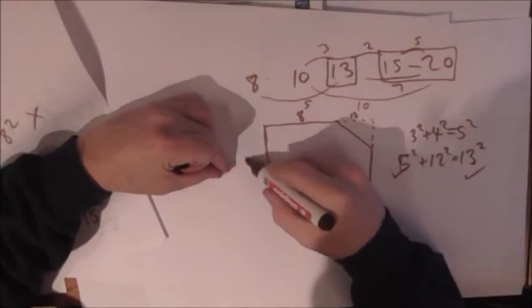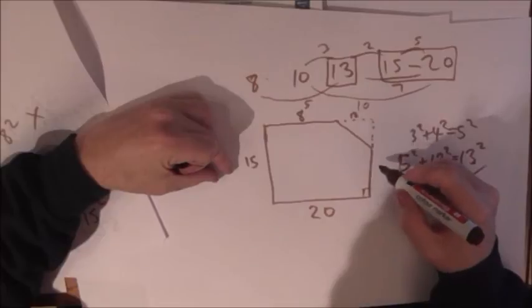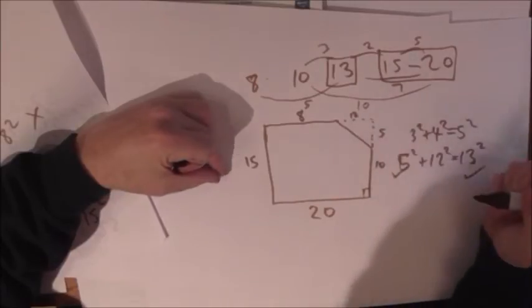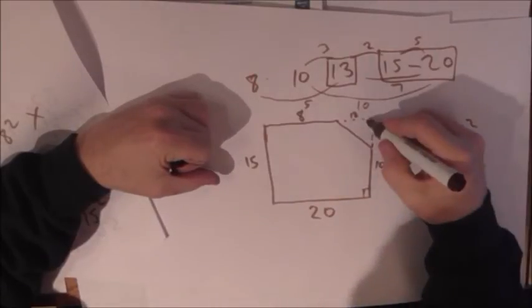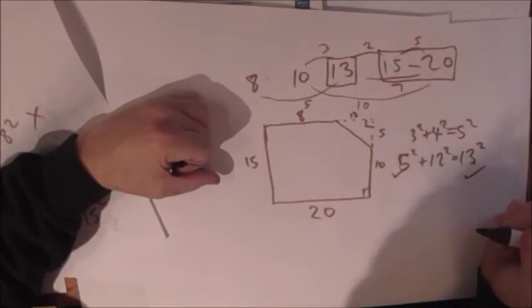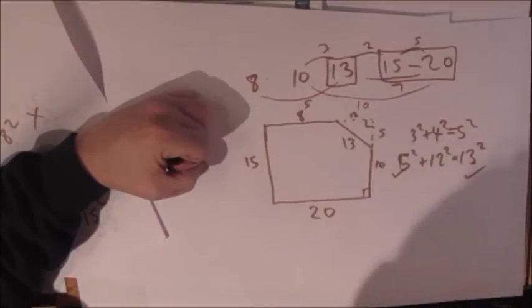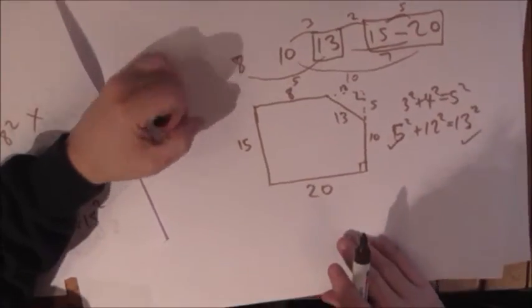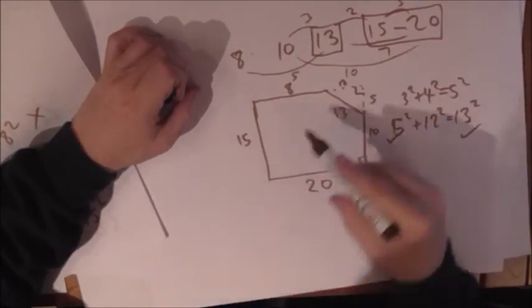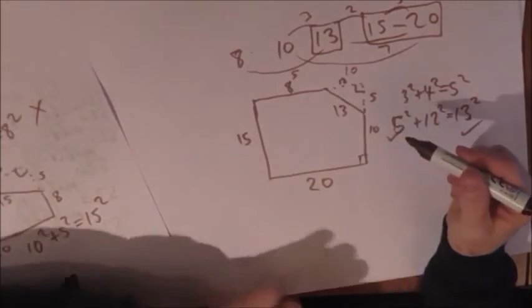Oh, there we go. Have that as a 15, and that as a 10, and that'll be a 5. So that now means that that's 13. So that therefore has to be the configuration of those measurements.